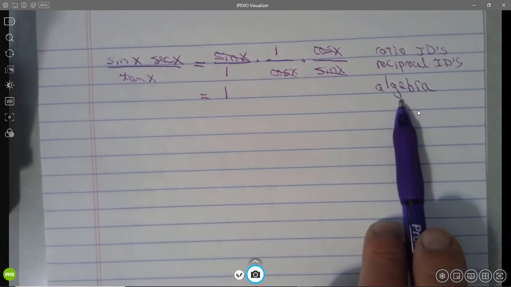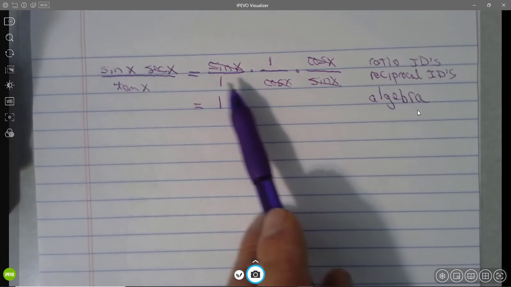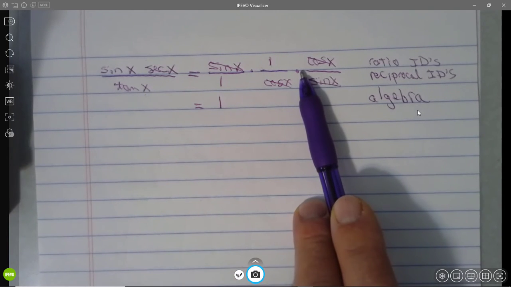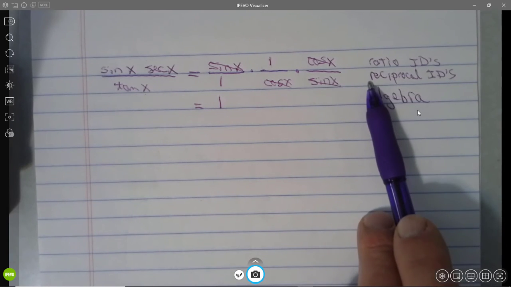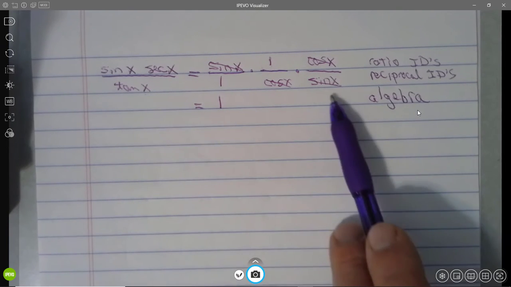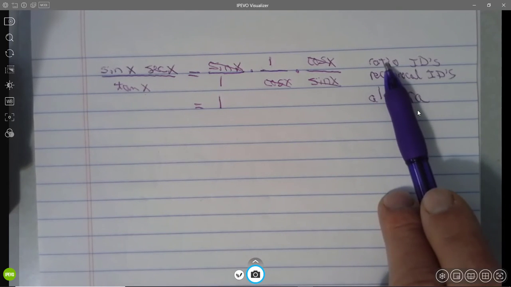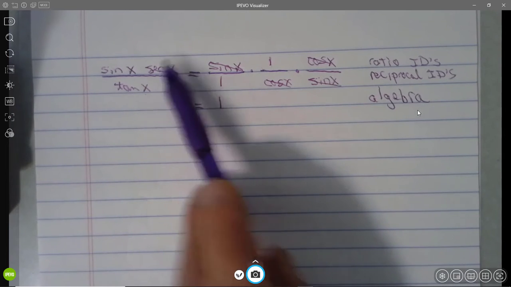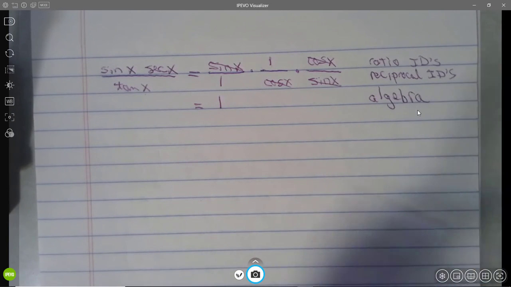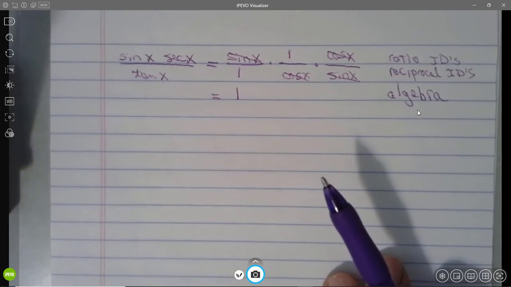Now, I said I would say a little bit about the way Alex wants you to do this. Alex will probably not like it if you go from here to here. The reason it won't like it is because I'm actually using two different kinds of identities, right? To convert that tangent to sine over cosine, I'm using a ratio identity. To convert the secant to 1 over cosine, I'm using a reciprocal identity. Well, I can only give one reason at a time on Alex.